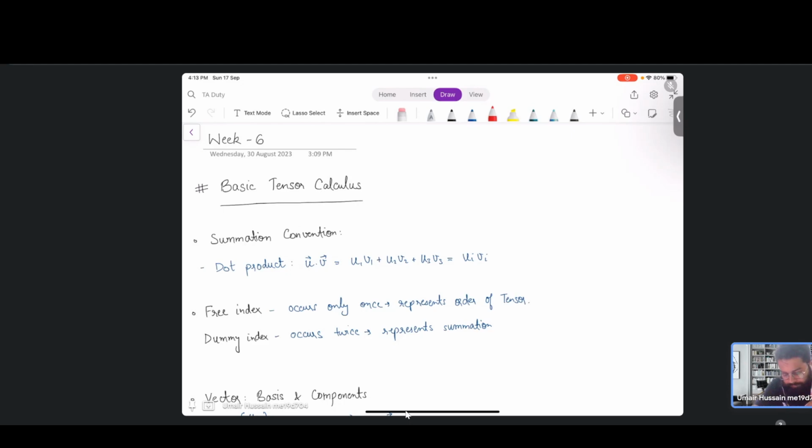Firstly, we'll start with index notation, or indexes of any quantity. If we are representing some variable as a, the subscript i of a is an index.